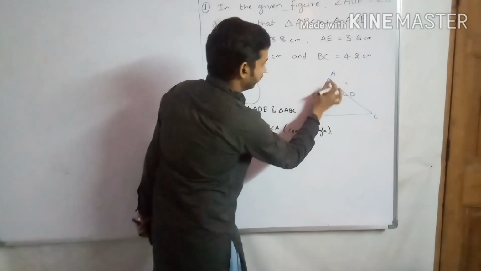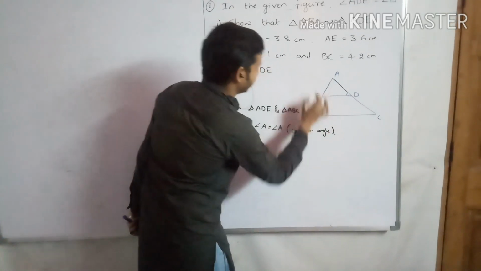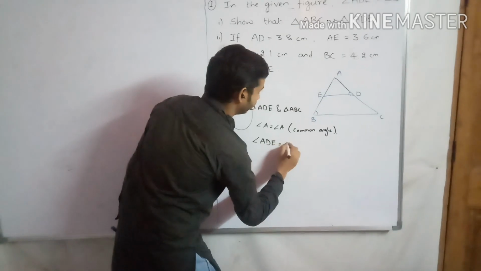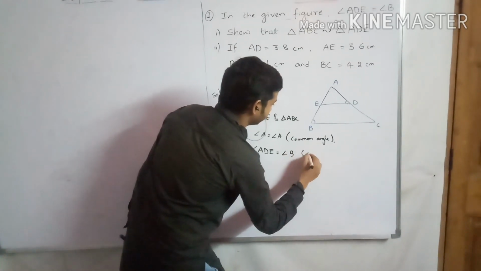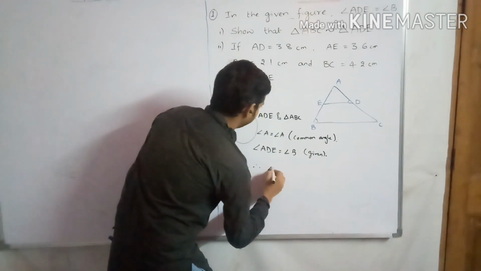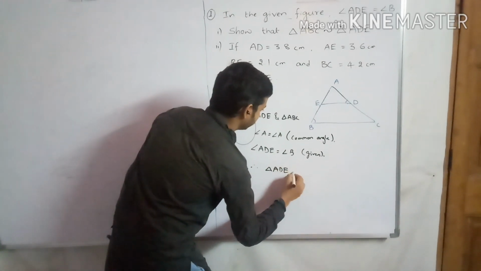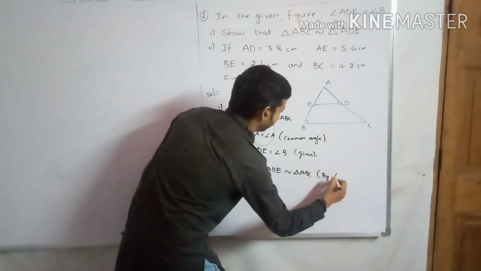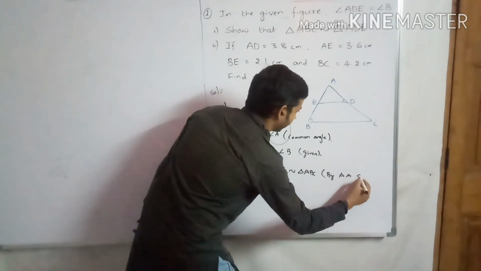Next, angle ADE equals angle B has been given in the question. Therefore, triangle ADE is similar to triangle ABC by the angle similarity criterion.